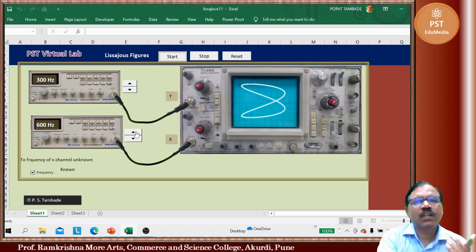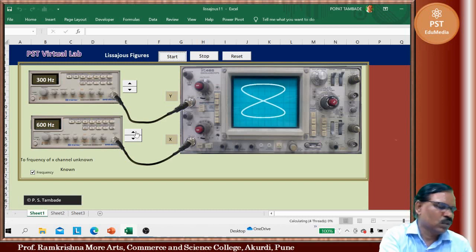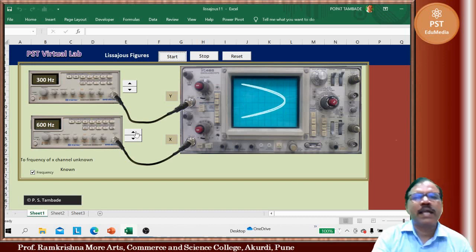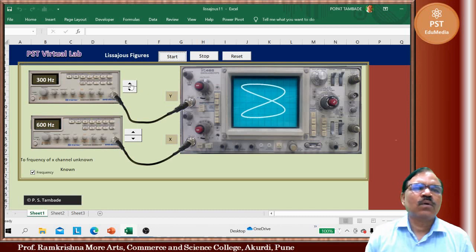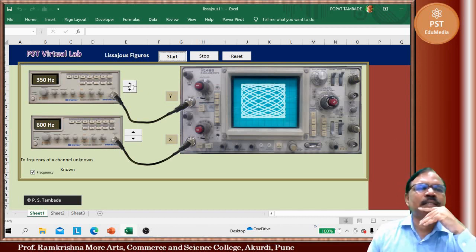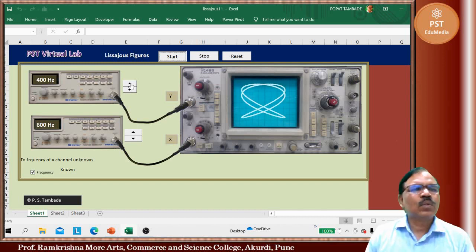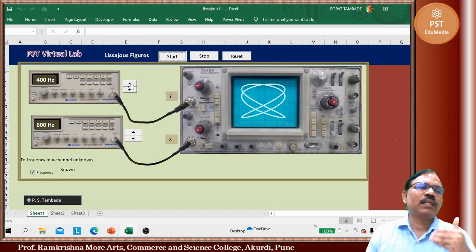So the frequency along the y axis is less. So again we got two loops, but the orientation is along the y axis. Now this is frequency ratio 600 upon 350. Then 600 upon 200, that is 6/4, that is 3/2.